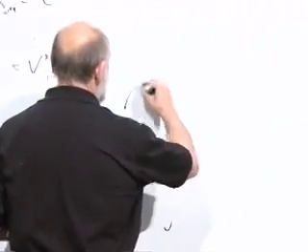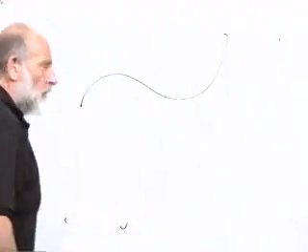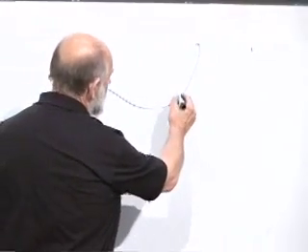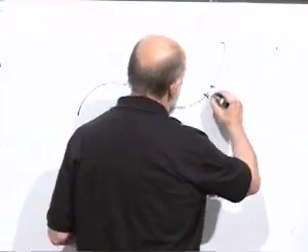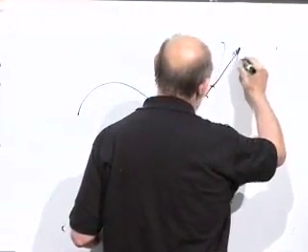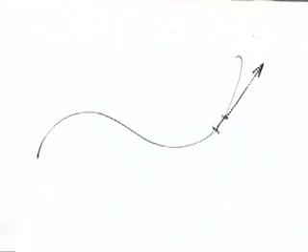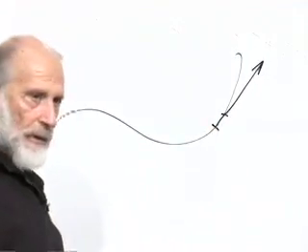Imagine you have some curve in space. Two-dimensional space, three-dimensional space, it doesn't matter much. And I want to construct the components of the tangent vector. The tangent vector means a vector along the curve of unit length. A unit vector, which is tangent to the curve at this point here.